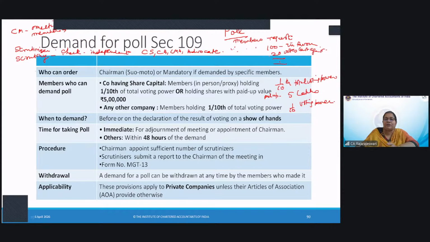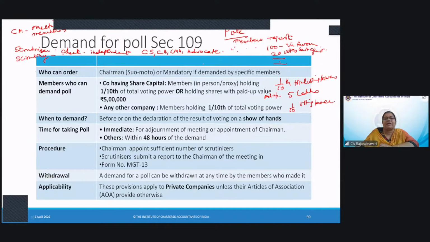There could be one scrutinizer or more than one. They will act in a fair and transparent way. See, this is a business, right? Even if so many members are voting against or in favor of the resolution, it should be done by a responsible person.